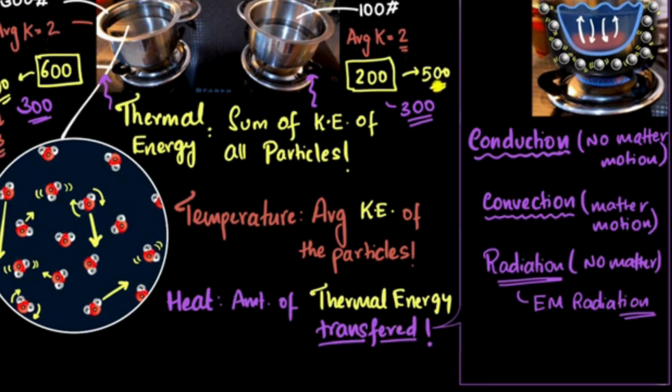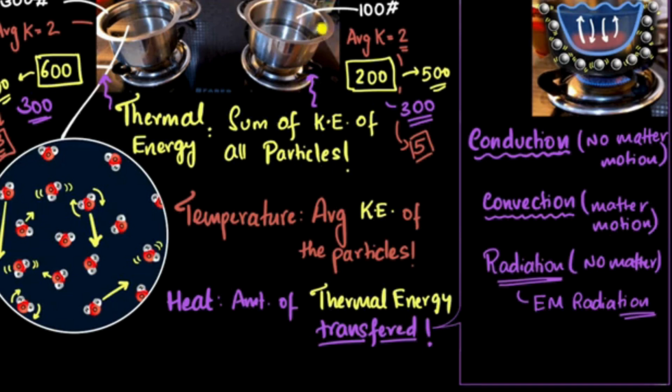Although we have less thermal energy, 500 units, that's divided among only 100 molecules, 100 particles, which means if I do 500 by 100, I get 5. The new average kinetic energy will be 5 units. So you can see the average kinetic energy over here is higher. Therefore, the temperature over here is higher.